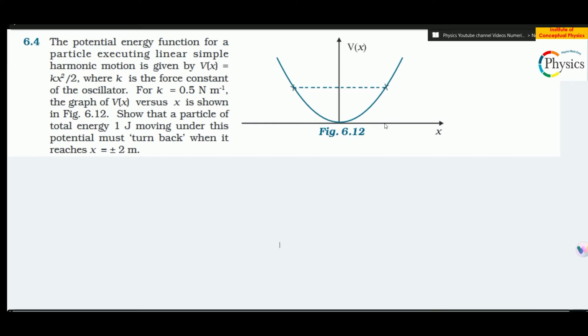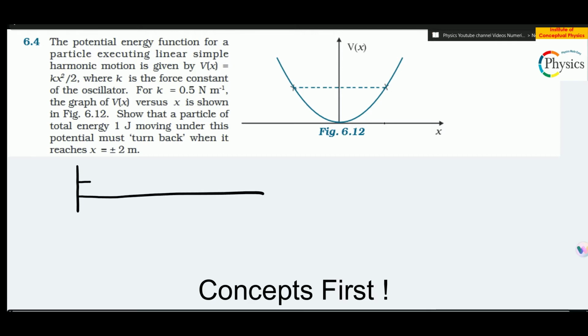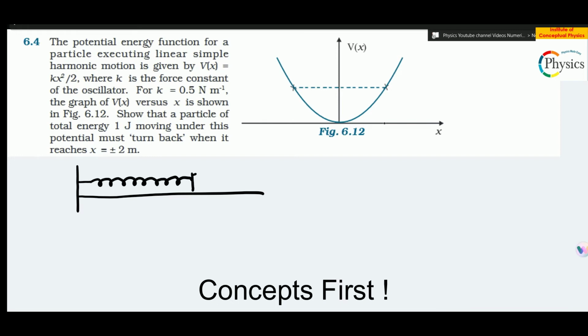All right, so let's start building the concepts which will be useful to solve problems like these. I will start with a drawing. Let's look into the situation. So this is your floor, this is your spring, and the spring is then connected to a mass.